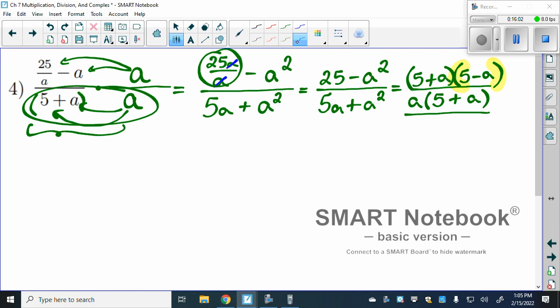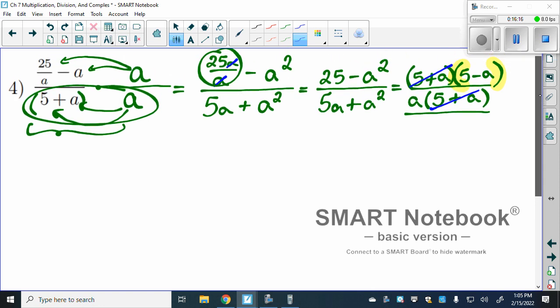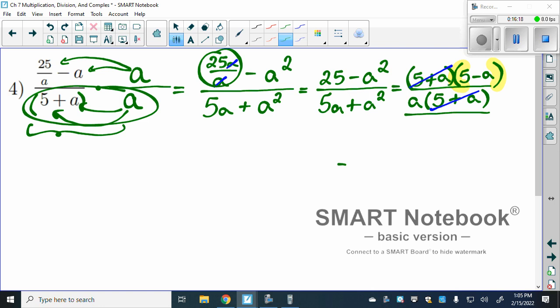Now doing that, does it give us any common factors on top and bottom? Well, yes. We have the a plus 5 and a plus 5, or 5 plus a, and 5 plus a. Which will simplify to what? 5 minus a over a.